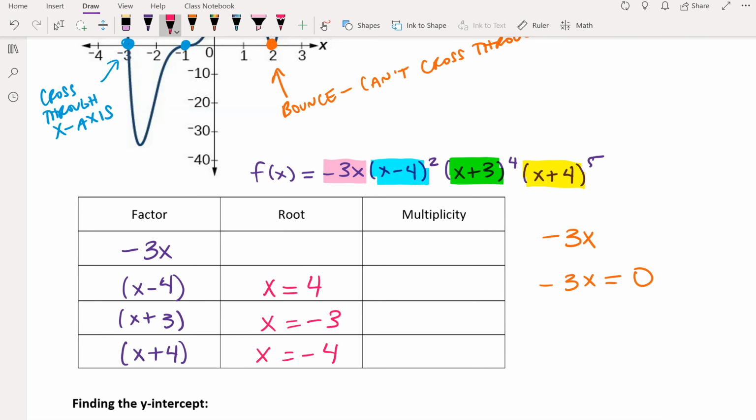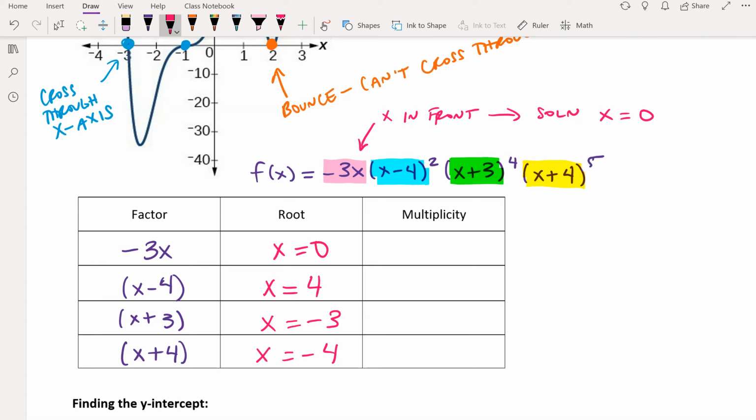To find the root, we divide by -3, and we get x equals 0 divided by -3, which is 0. So our root is x equals 0. Anytime you have an x out in front, your root or solution is going to be x equals 0, no matter what number is on the x in front.